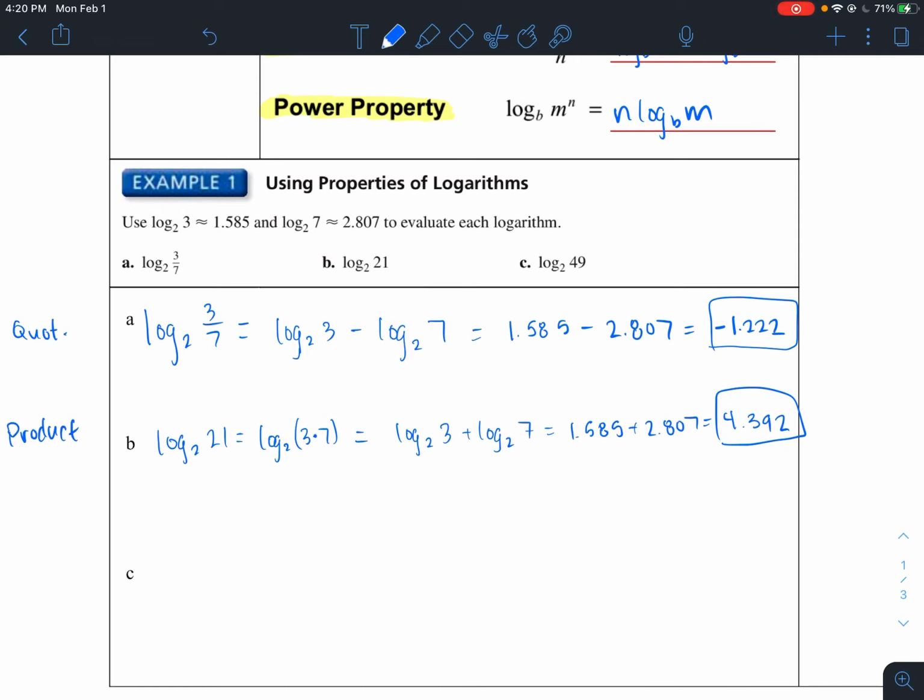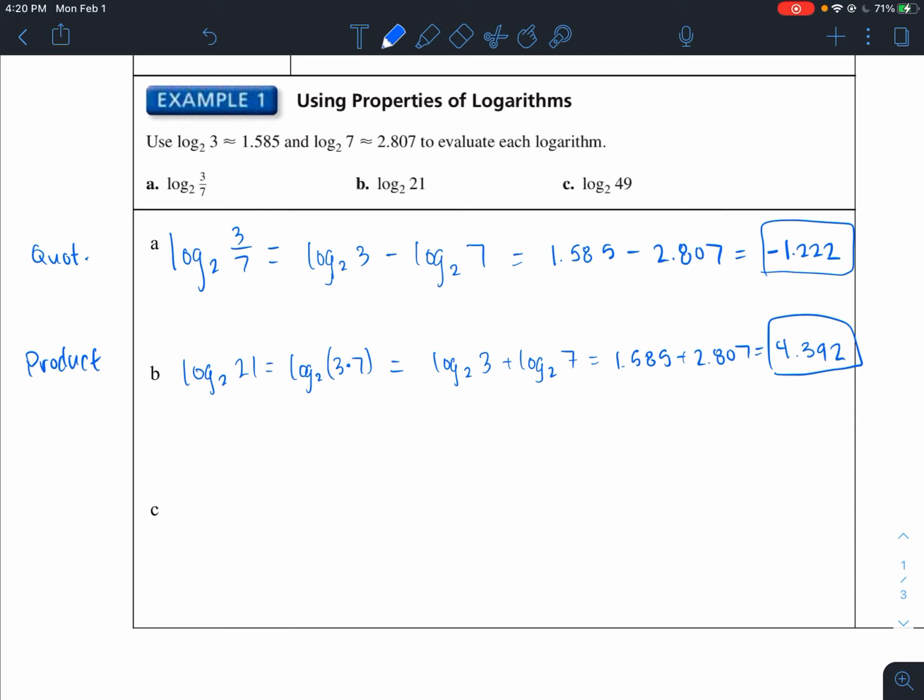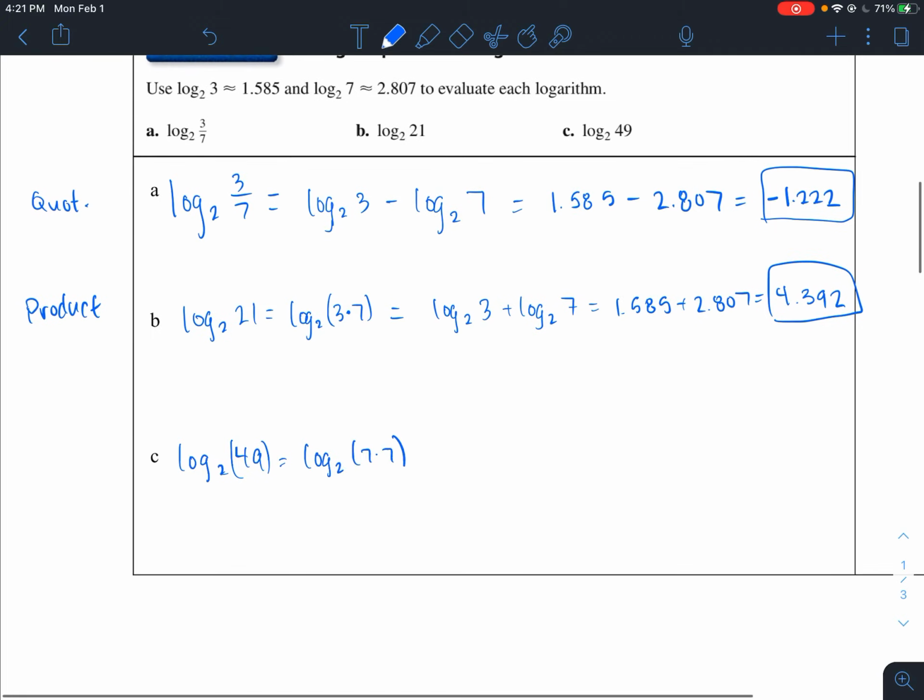Now 49 is divisible by 7. Also, 49 is 7 squared. So there's two things that we could do here. We could write log base 2 of 49 as log base 2 of 7 times 7.